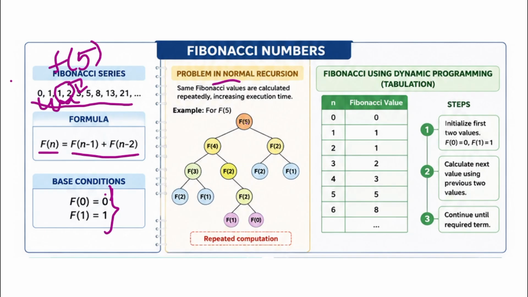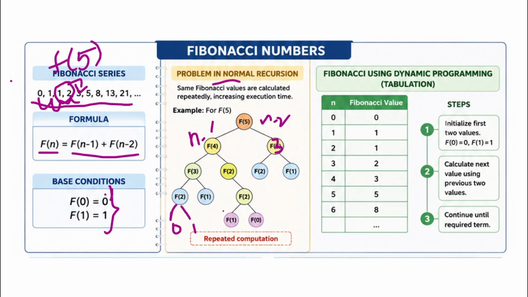Initially f of 5 is divided into f of 4 and f of 3, not f of 2, f of 3; that was a mistake. Here f of n minus 1 is f of 4, and f of n minus 2 is f of 3. Likewise we split all the values until the tree reaches 0 and 1.